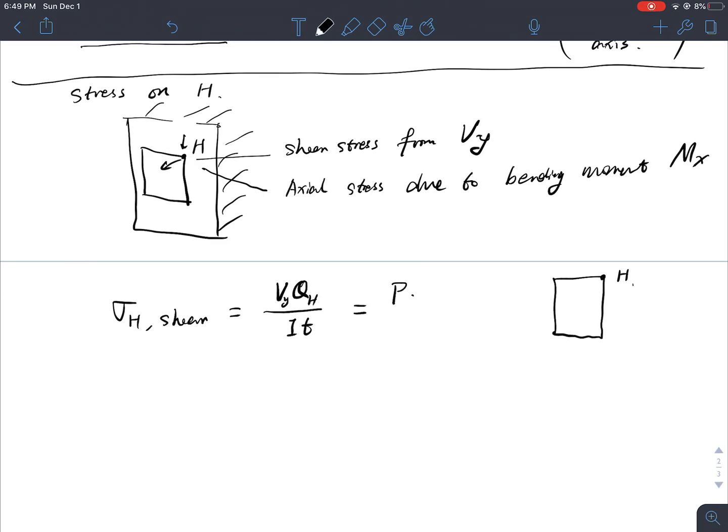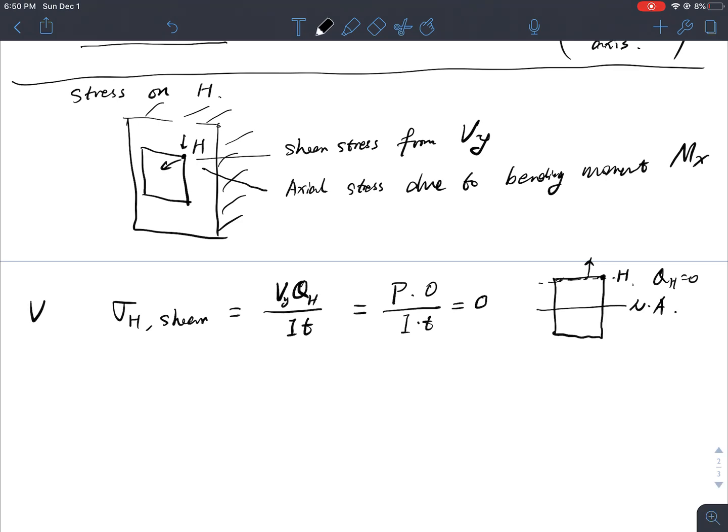Let's examine. I'm on the point H here. This is the neutral axis. The H should be across the line on the opposite side of the shaded area, which actually turns out Q at H equals 0. So this is 0, and the shear stress at H is actually 0.